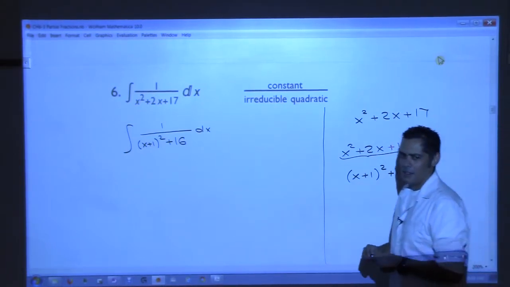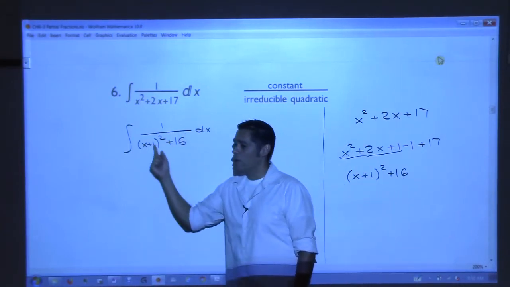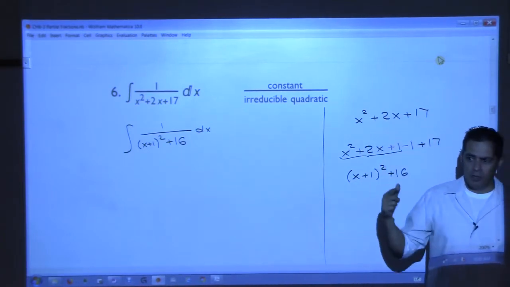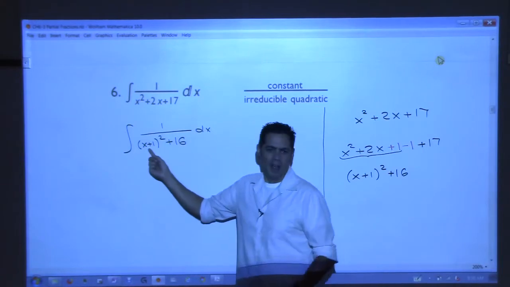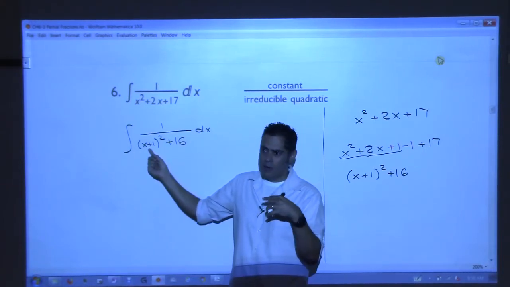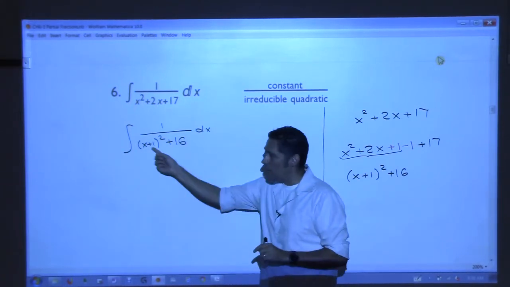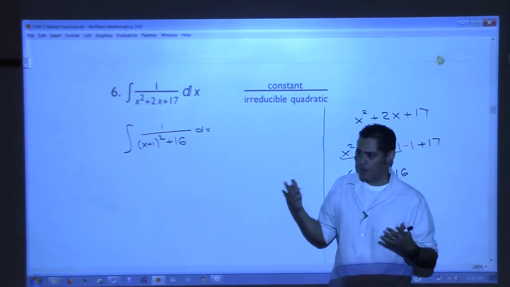Doesn't this look a lot like 1 over u squared plus a squared? Except the u that we have is not just x, it's x plus 1. So if I did just a real quick basic substitution, u is x plus 1, then it would look like 1 over u squared plus a squared.